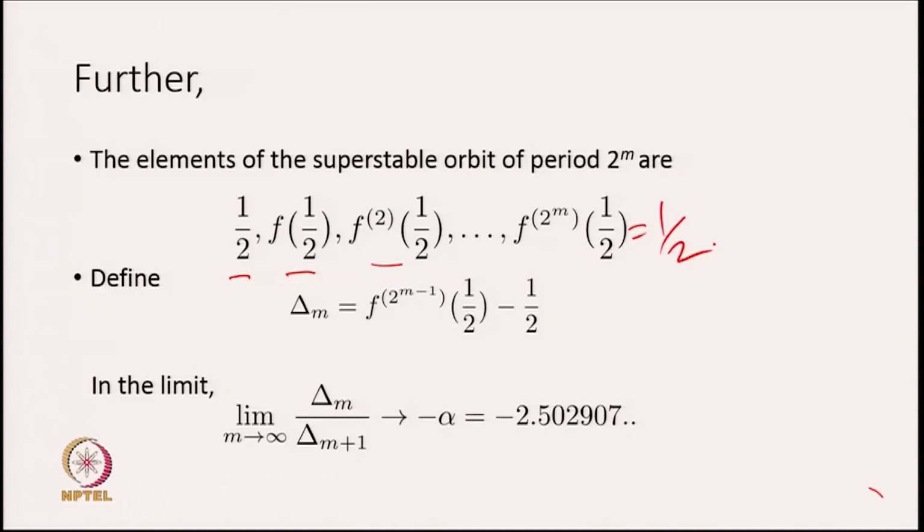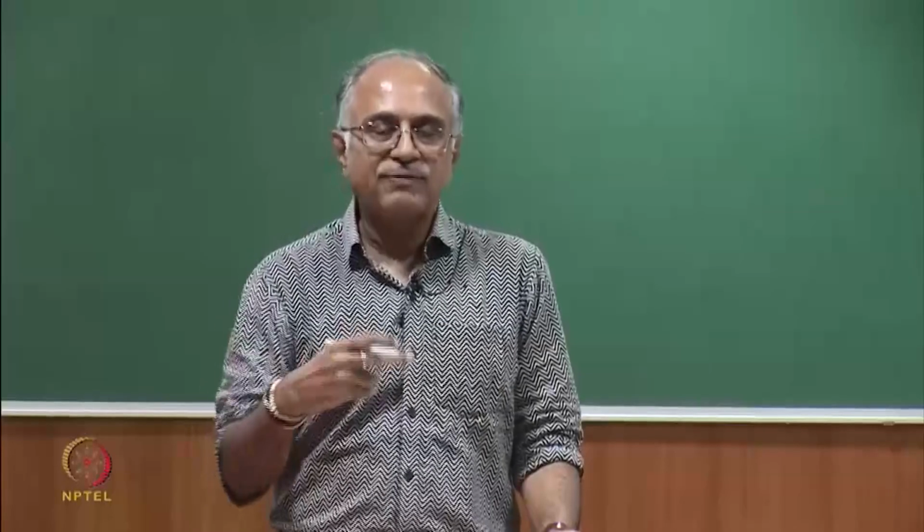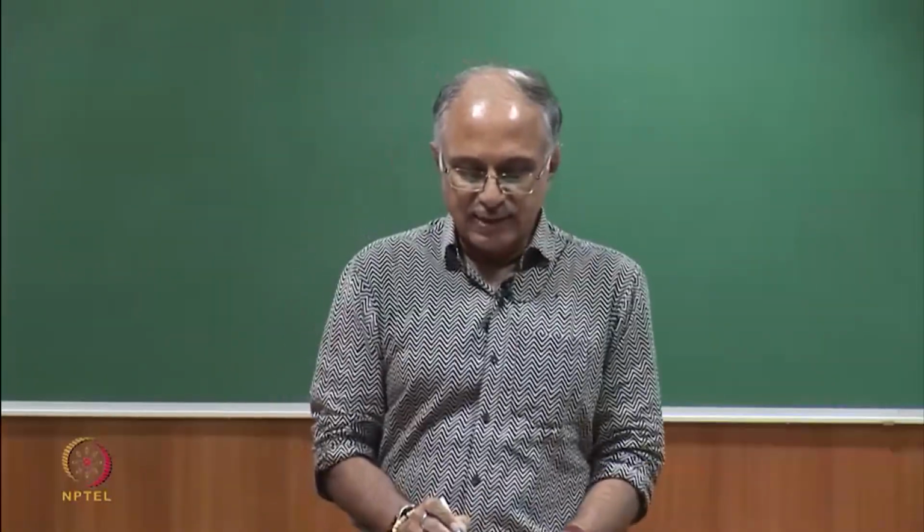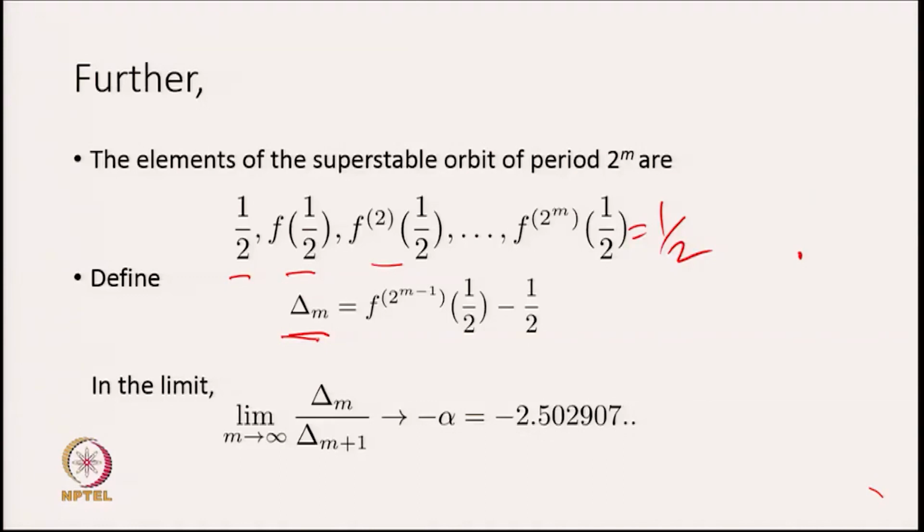Now, define d m to be the distance between the point half and the point exactly midway along this cycle, f to the 2 to the m minus 1 of a half, that is, half the number of iterations on this particular cycle. This defines a quantity d m.